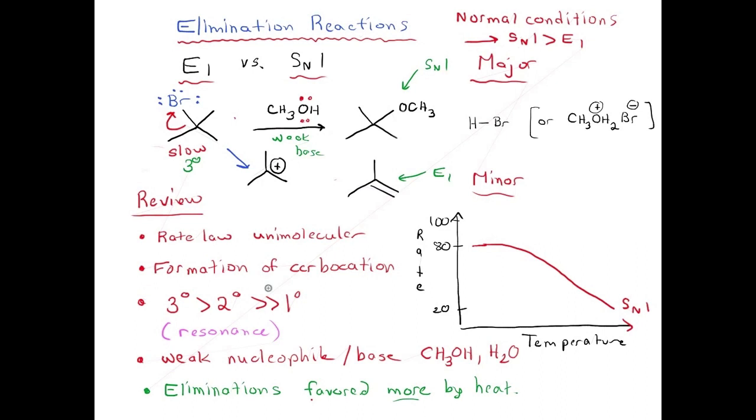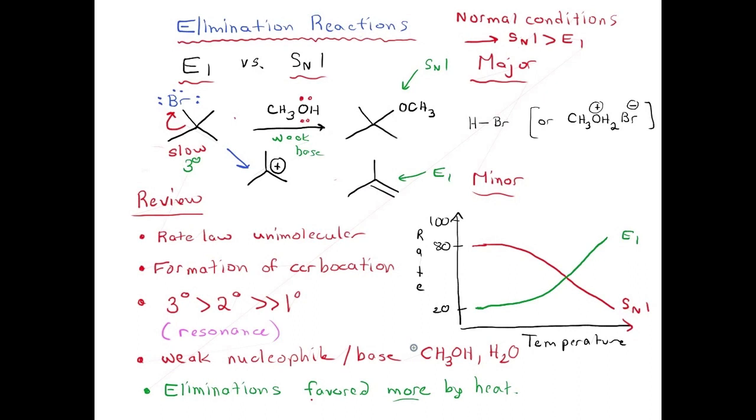And for the E1, maybe at the low temperature the amount of E1 product is very small, but as we increase the temperature, we're going to see a gradual increase in the amount of E1. And remember that E1 is favored by temperature because there's more entropy.